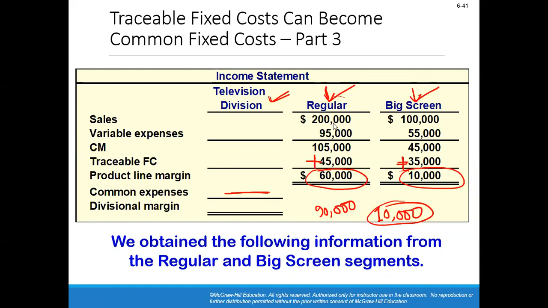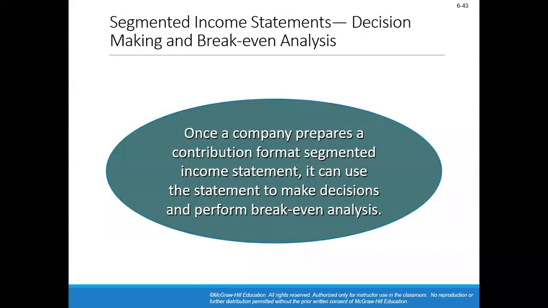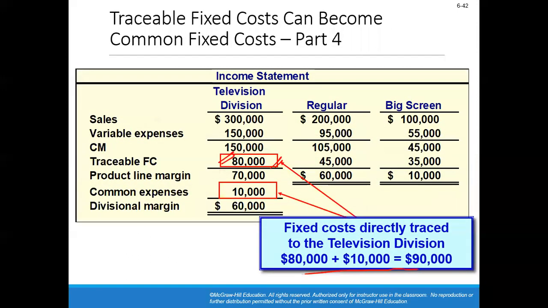So this 10,000 is the common expense. We see that in this way the 90,000 can be allocated or observed. Now we would like to illustrate how it is possible to make decisions from this kind of results of the segments.